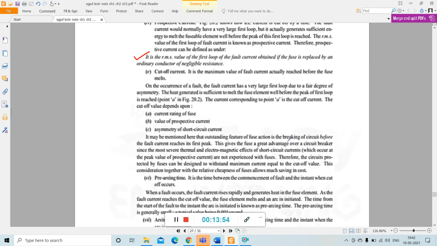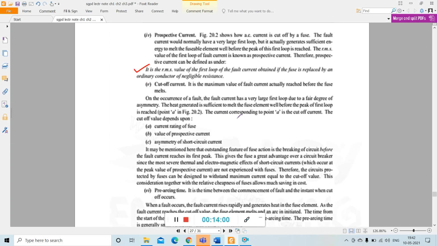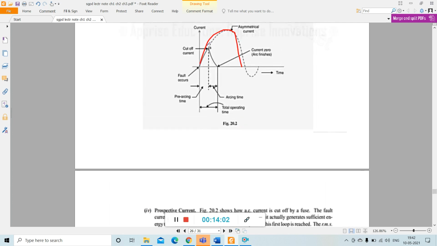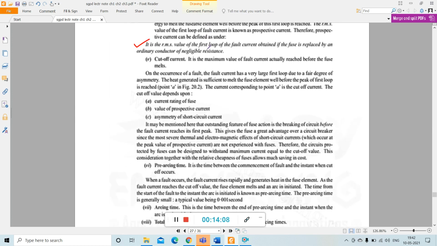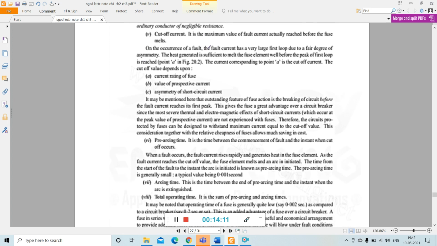Then the next term is the cutoff current. It is the maximum value of fault current actually reached before the fuse melts. Okay, so this is the cutoff current and here the fuse melts. Now you understand cutoff current.